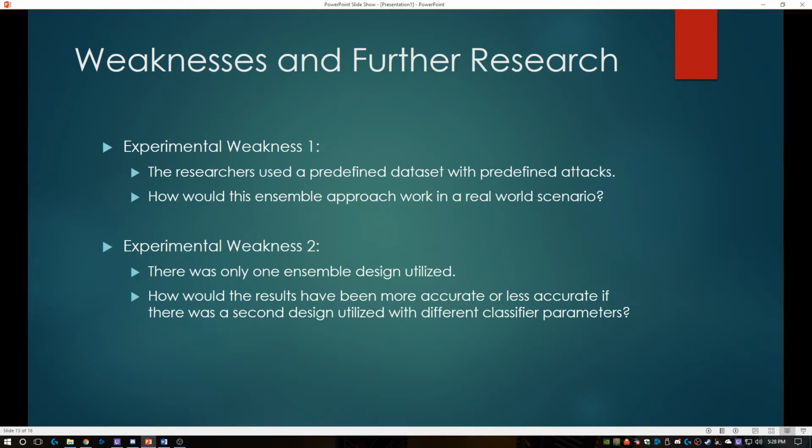So instead of using 13 basic classifications, it would have been interesting to see what results we would have derived had we used more or less. I hypothesize that by testing multiple ensemble designs or ensemble architectures, you could continue to tweak and refine the results to come up with maybe a better design, or a quote-unquote perfect design model for intrusion detection.